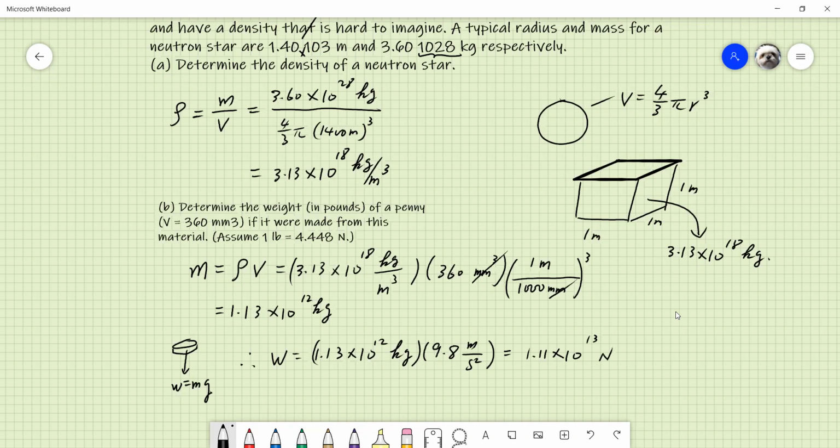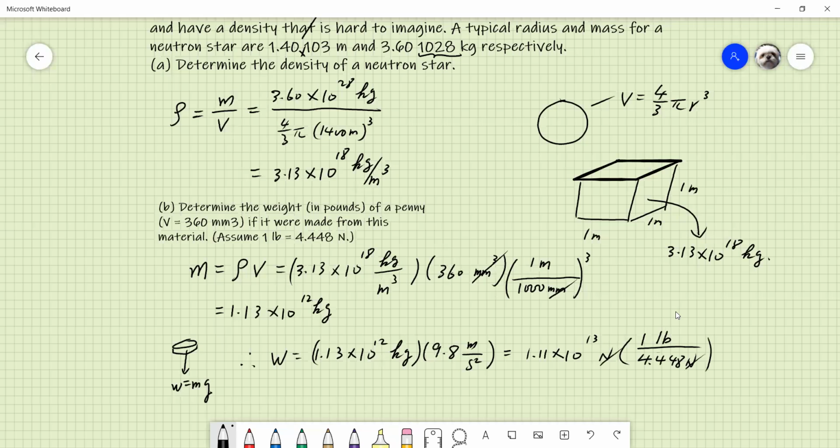Are you with me? Yes. Now, here we know that it's in Newton, right? We need to convert them to pounds. So I know that 1 pound is 4.448 Newtons.